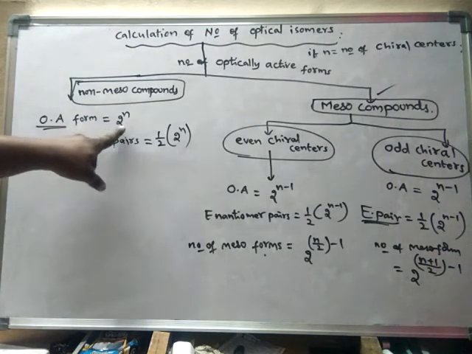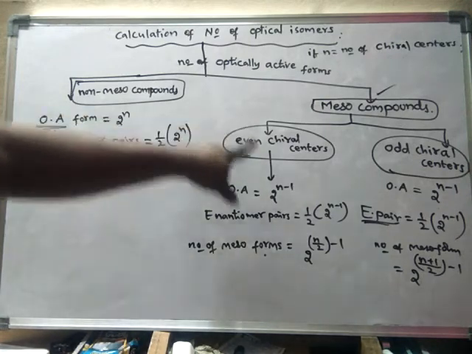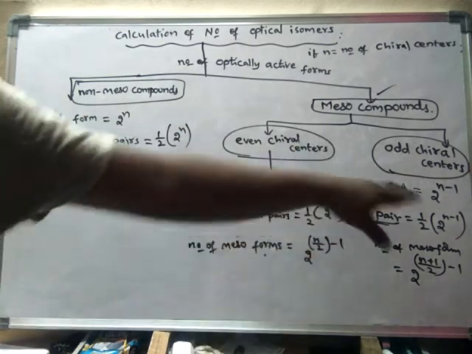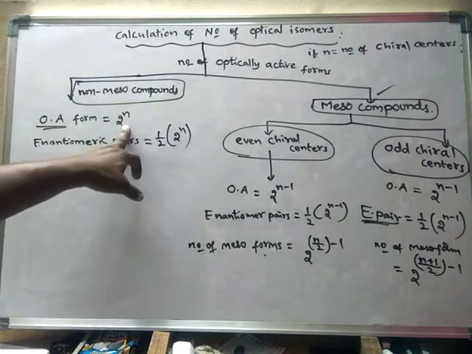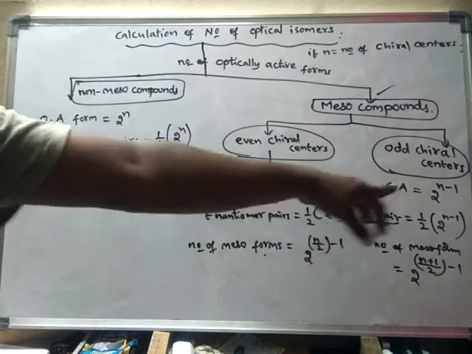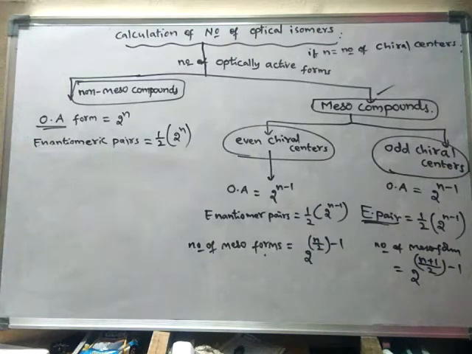One is 2 to the power of n, and another one is 2 to the power of n minus 1. So for non-meso compounds we will use one formula, but for meso compounds we will use the other formula.